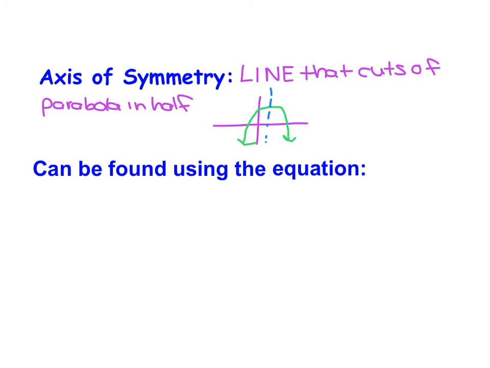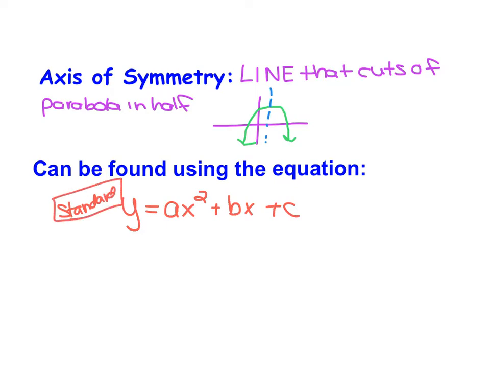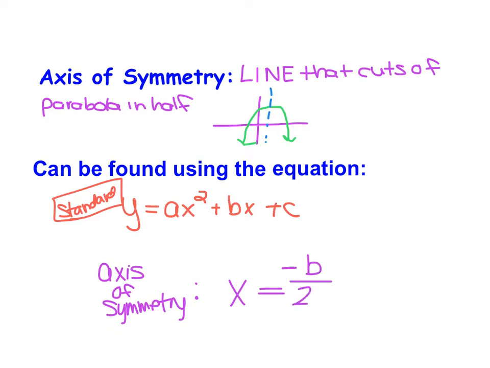Now, we can calculate our axis of symmetry when we have something written in y equals ax squared plus bx plus c form. Remember, this is our standard form. We can take something written in standard form and calculate our axis of symmetry by using the equation x is equal to -b, or opposite b, over 2 times a.